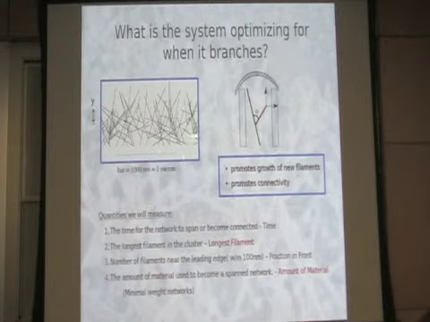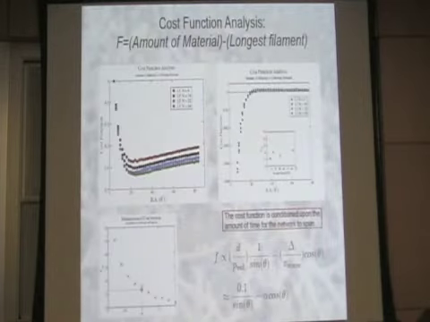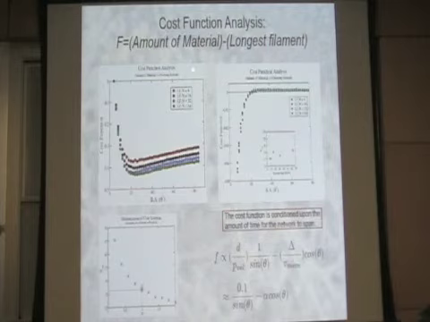We measure a few quantities of this network, and I'm going to focus on a couple today: the amount of material that's consumed as the network grows in some time, and the longest filament, which defines the leading edge of the cell in our simulation.